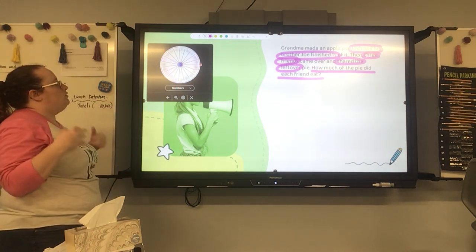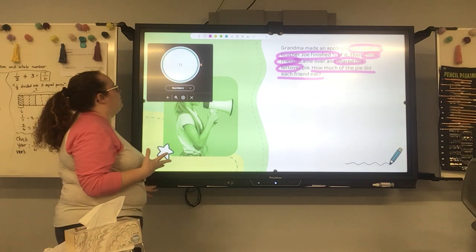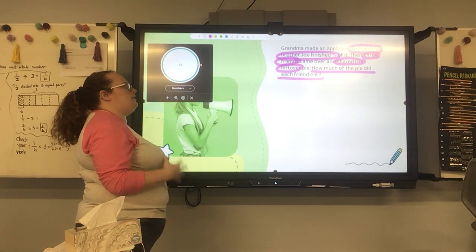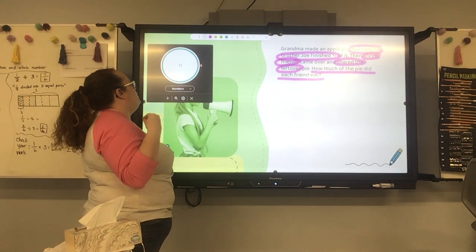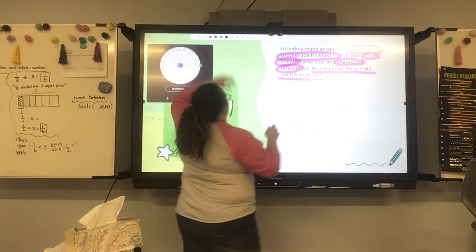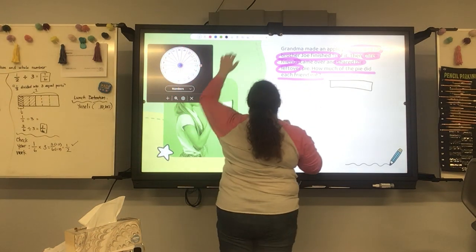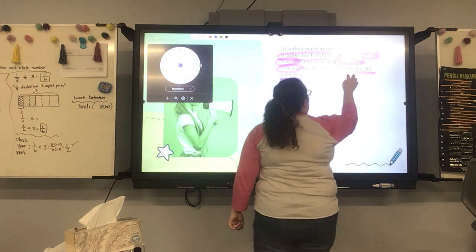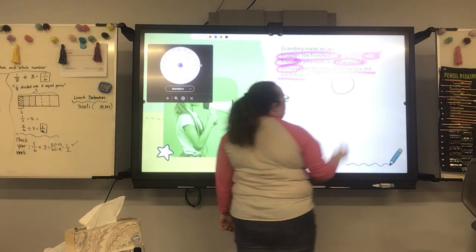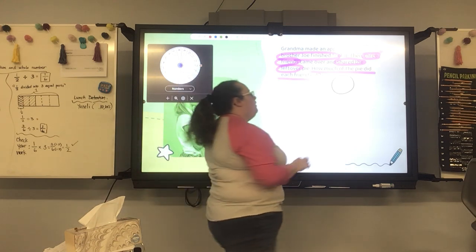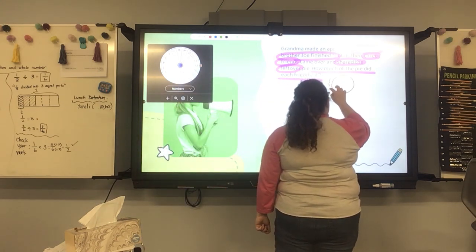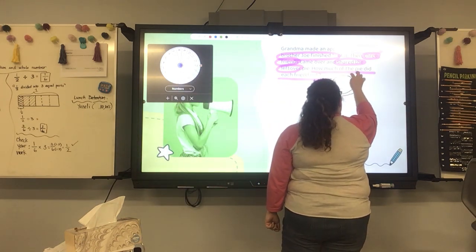So again, we need to figure out our problem. But first I'm going to talk about this because it says they ate some and there was leftover. So number 13, let's go ahead and draw a strip diagram. Or actually, you know what? I'm going to make it even easier and do a circle since it's a pie. Okay, so here's my pie, and number 13, what did it tell me about my pie?